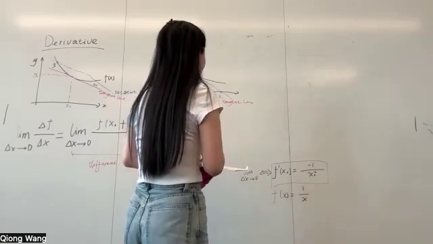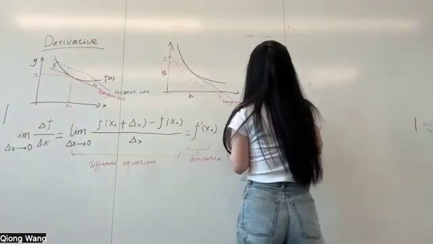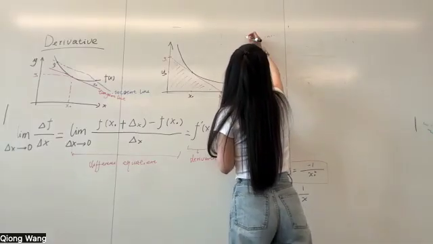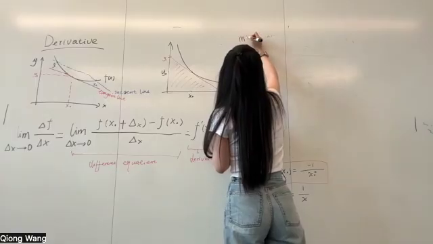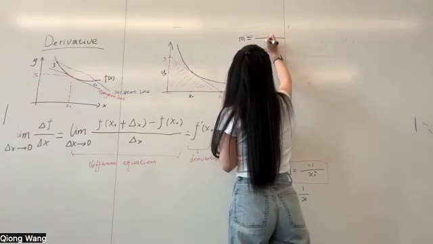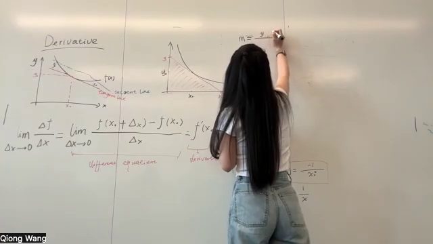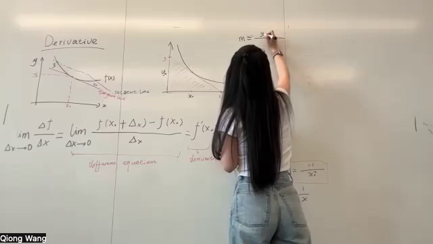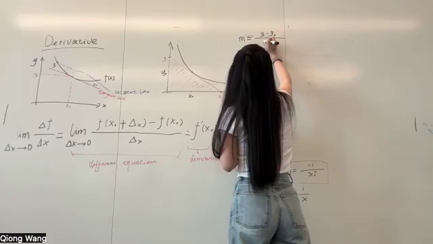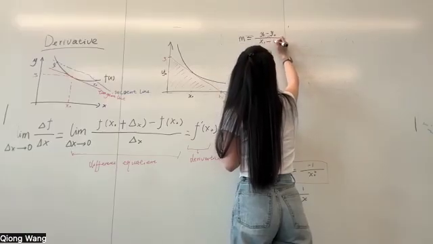So we all know the formulation like this. For a triangle, we will know the slope m equals y1 minus y0 over x1 minus x0.